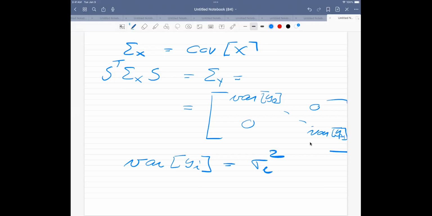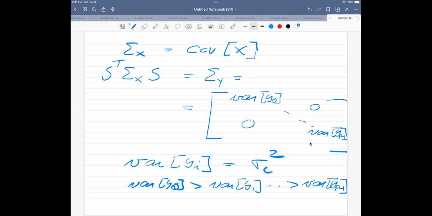And these variances go from y0, y1, etc., up to the variance of y of p minus 1, and this is ordered. And these are given by the squared singular values, as we showed last time. Just let me quickly remind you of that.